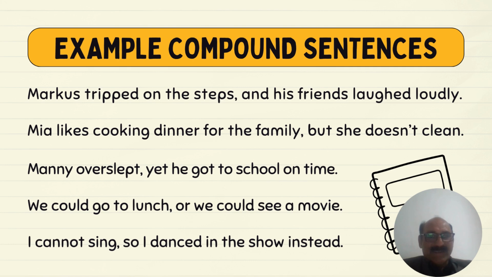Look at the second sentence. Mia likes cooking dinner for the family, comma, but she doesn't clean. Sentence 3. Manny overslept, comma, yet he got to school on time. We could go to lunch, comma, or we could see a movie. I can't sing, so I danced in the show instead.